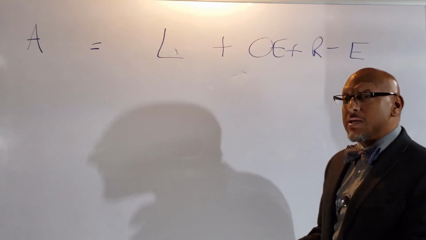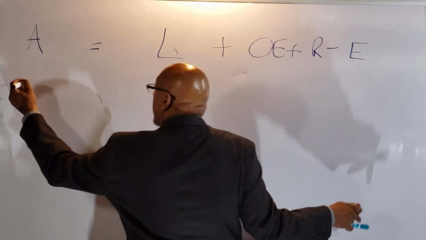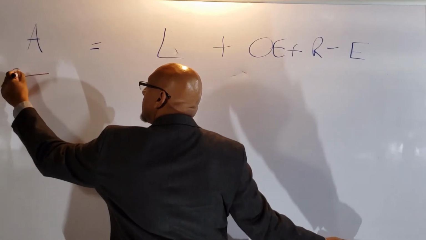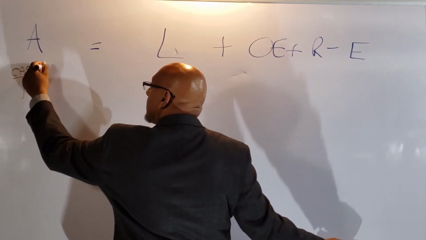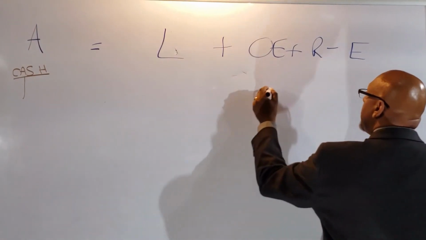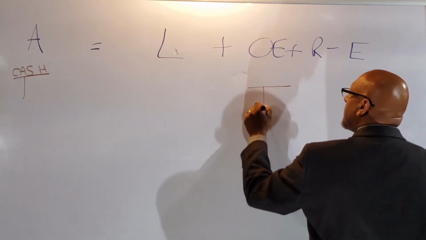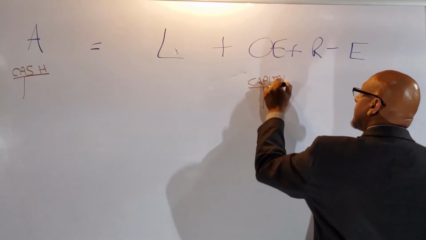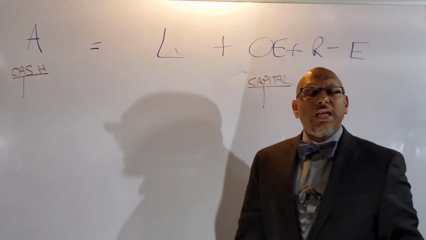So let's put those up here right now. We have a T account that we're putting in for cash, and we're going to put a T account over here for capital. Both accounts are increasing.